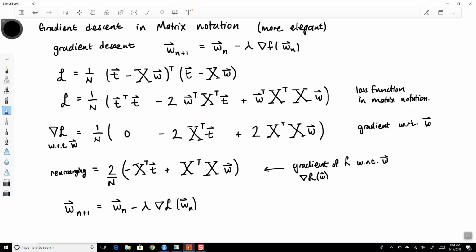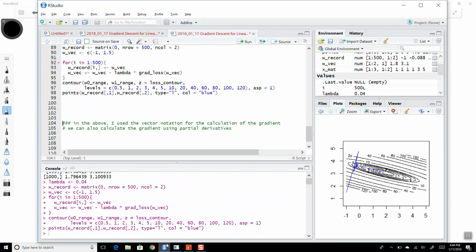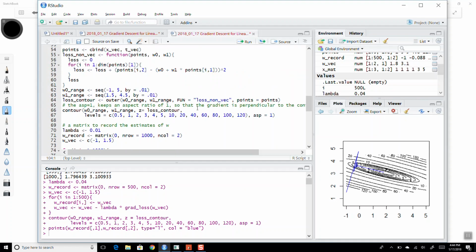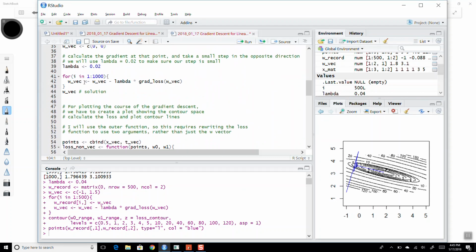So, in my opinion, calculating the gradient in matrix notation makes the coding easier and more elegant, in that gradient descent really is just W minus lambda times the gradient here, okay?